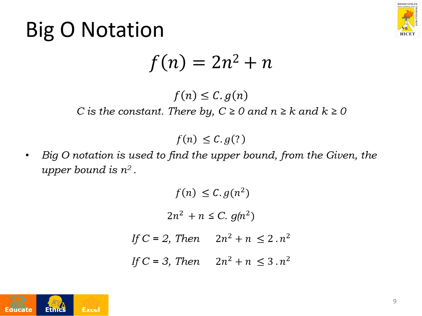If c is equal to 2, then we have 2n squared plus n less than or equal to 2 into n squared. If c is equal to 3, then for 2n squared plus n, in the place of constant c we substitute 3, so it is 3 into n squared.